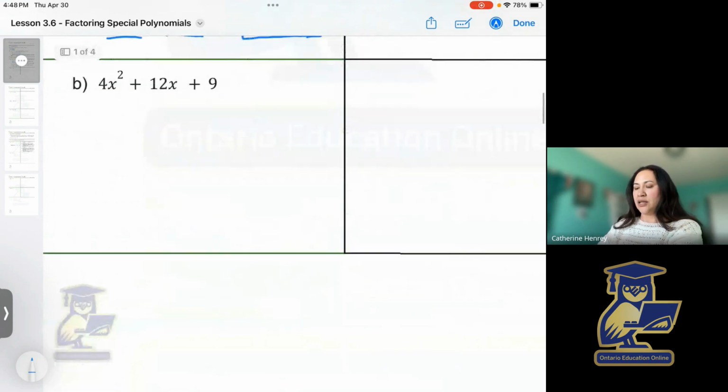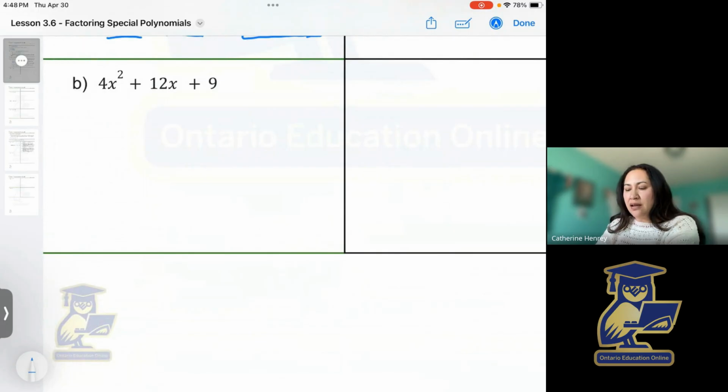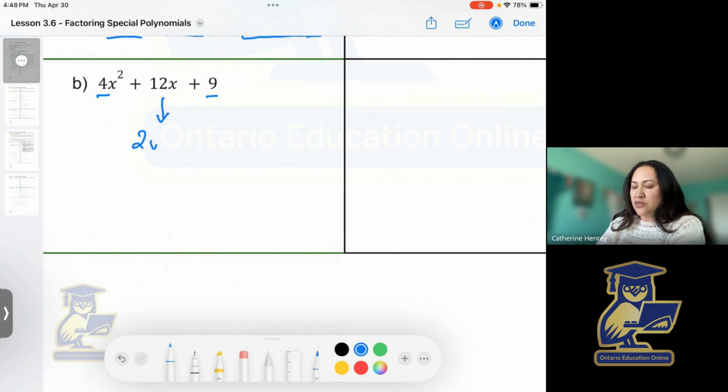So again, let's check this one. Is a perfect square? Is c a perfect square? Well, yes, I can take the square root of 4x squared, and I can take the square root of 9. Then we want to check, what is the coefficient of the b term? What should it be? Well, it should be 2 times the square root of a times the square root of c.